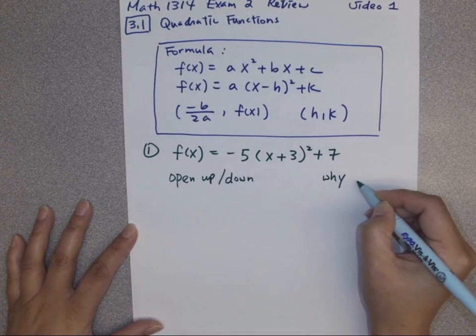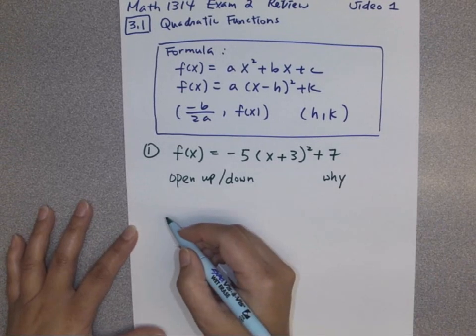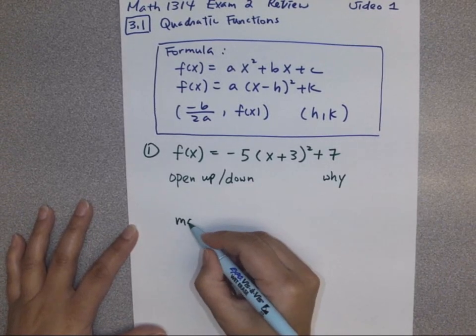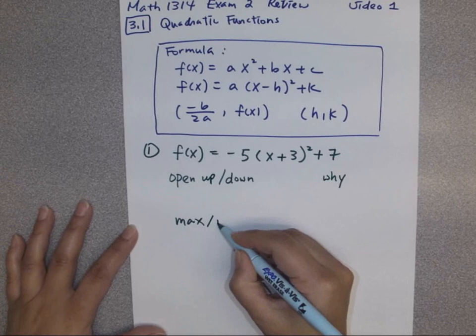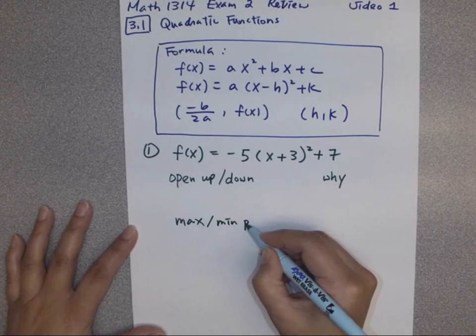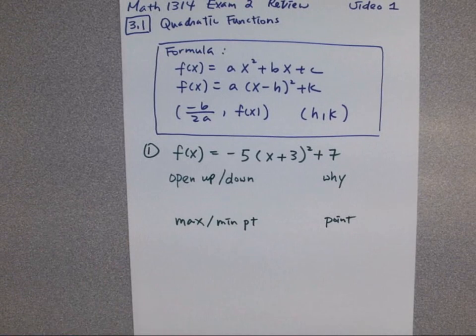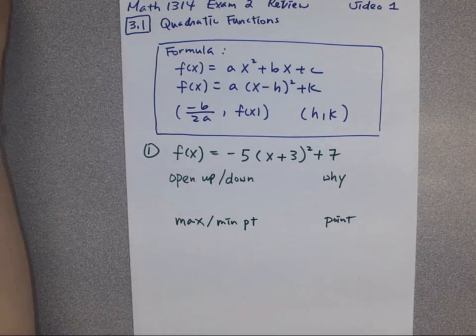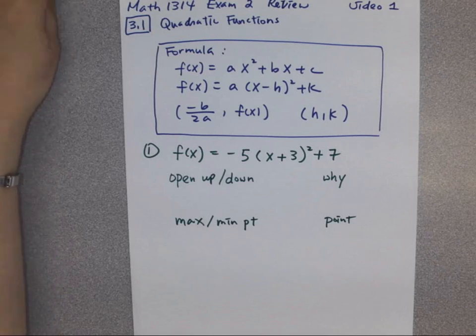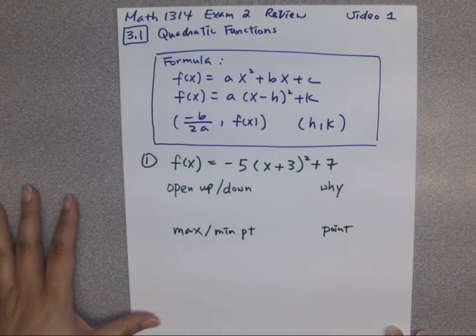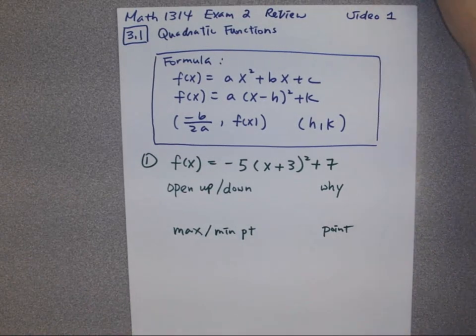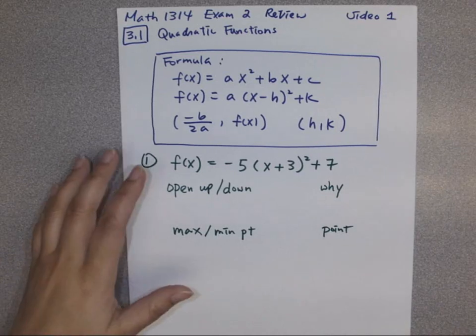Why? And also, does it have a maximum or minimum point? And what is the point? So looking at that, if any time you need to pause the video so you can write down something, you're welcome to stop the video and write down what you need to write down, okay?